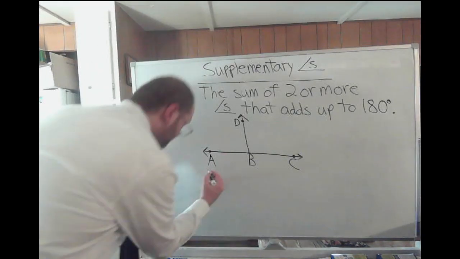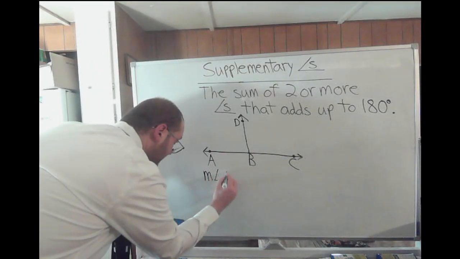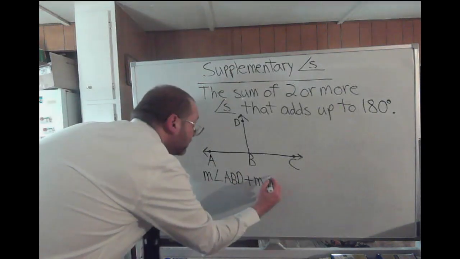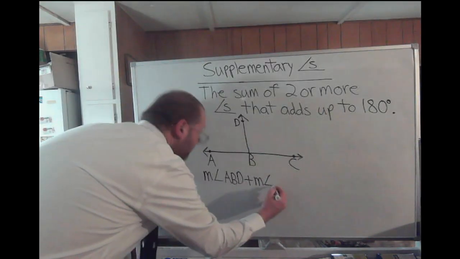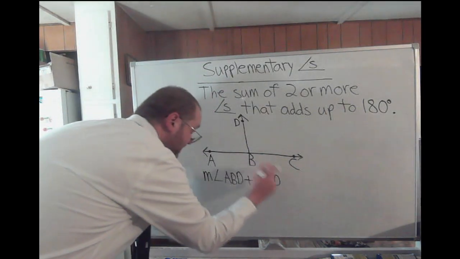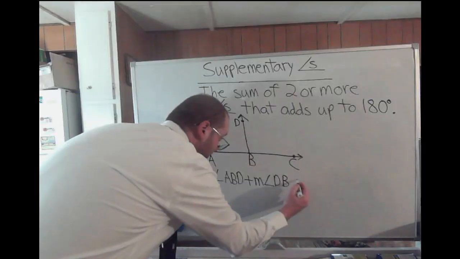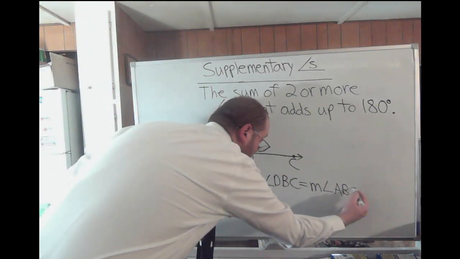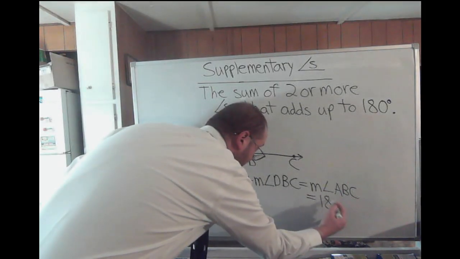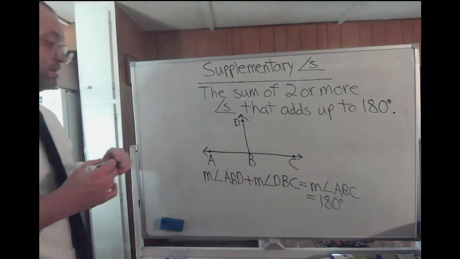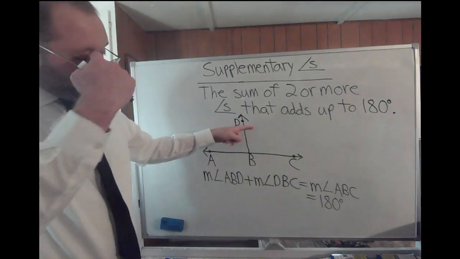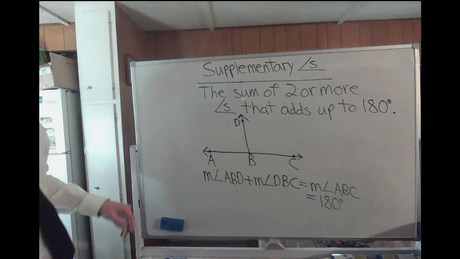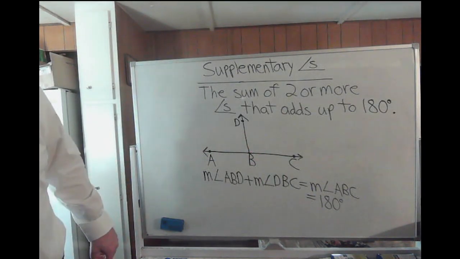So together, the measure of angle ABD plus the measure of angle DBC or CBD, however you want to say it, as long as the vertex of the angle is in the middle, I'm going to say DBC, that would equal the measure of angle ABC, which in turn is going to equal 180 degrees. So the measure of angle ABD plus the measure of angle DBC, you add them together, you'll come to 180 degrees. Supplementary angles always add up to 180.